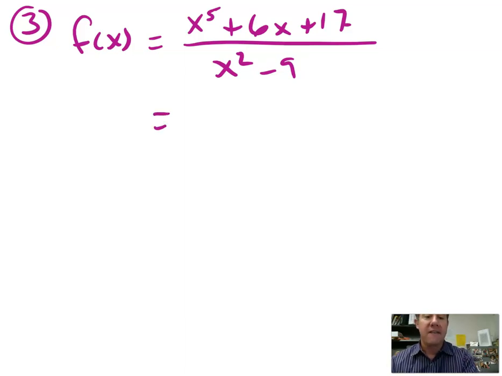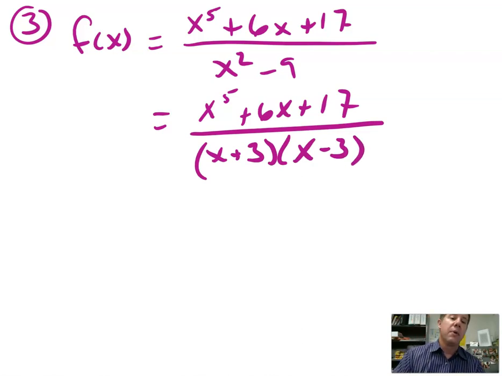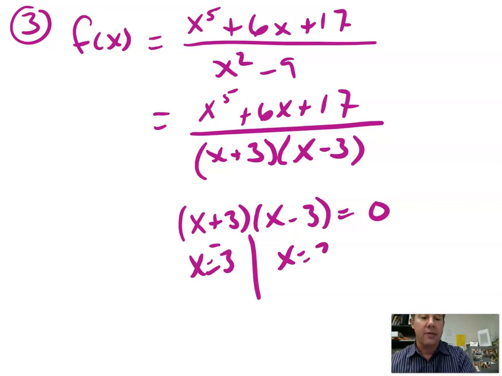In this case, I cannot factor the top, but I can factor the bottom. So there are no holes, but I do have some asymptotes. We have a vertical asymptote when the bottom equals 0. So we have asymptotes at 3 and -3.